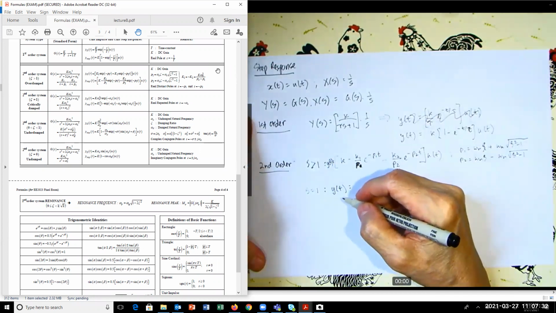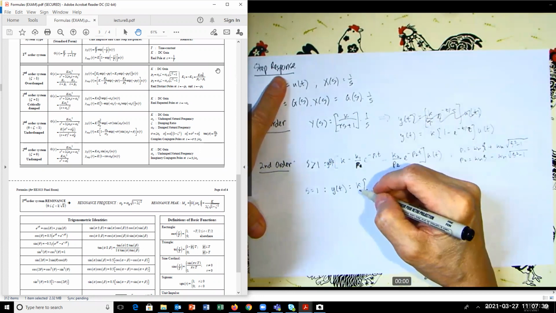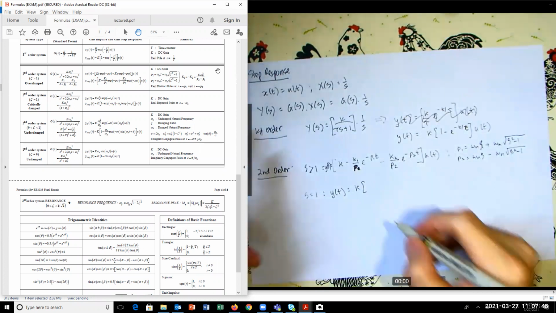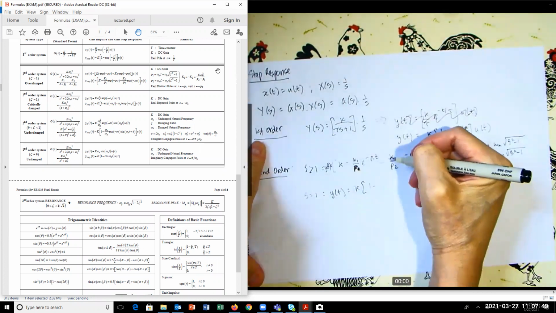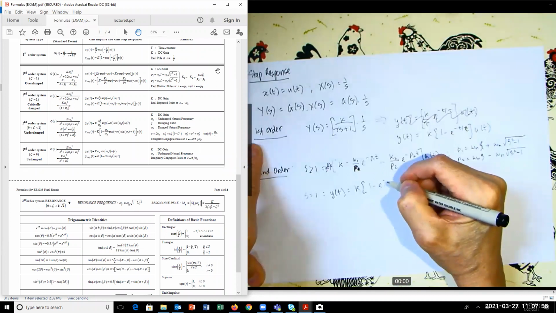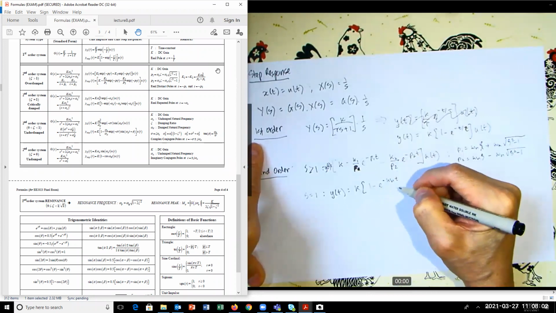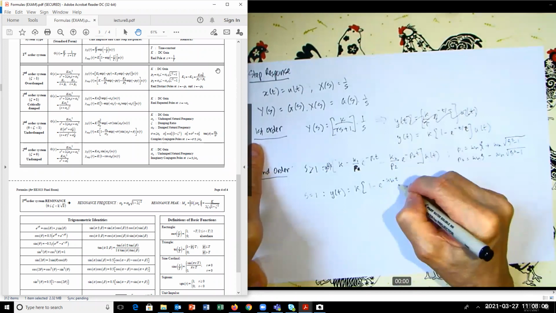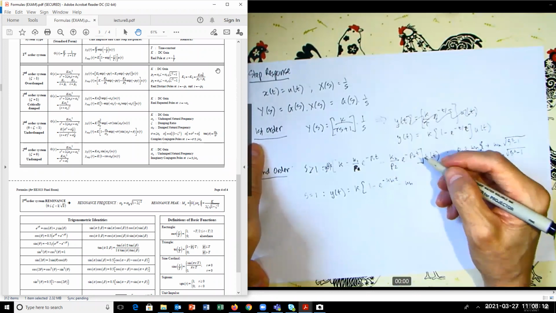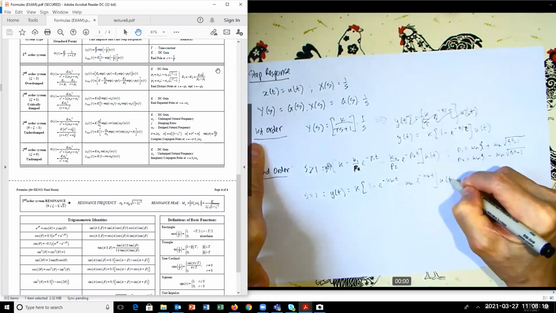Critically damped, you have K into 1 minus e to the minus omega n t, minus omega n t e to the minus omega n t, and the whole thing u(t). So this is for the critically damped.